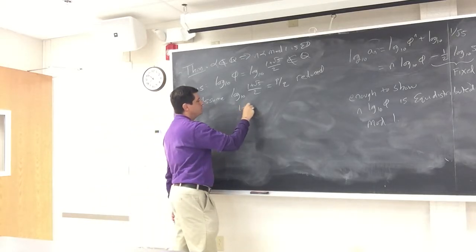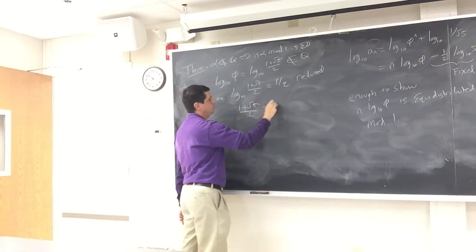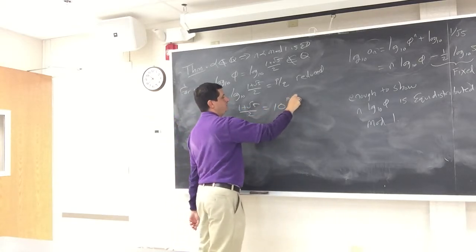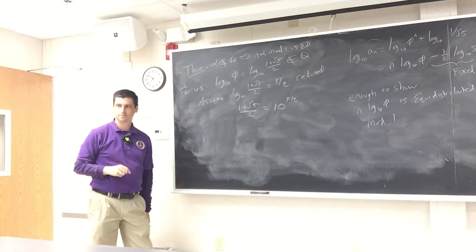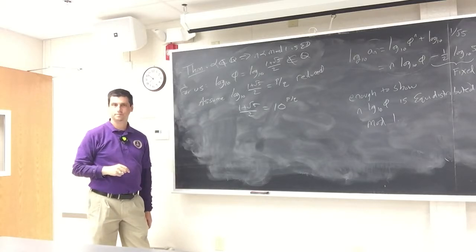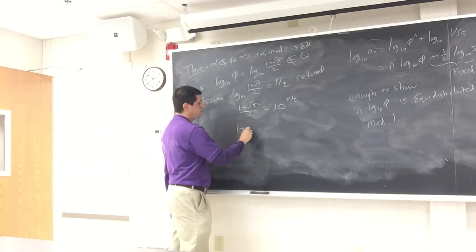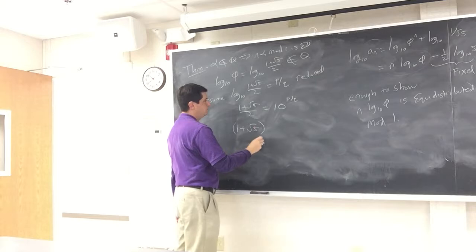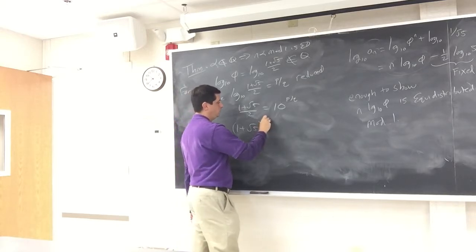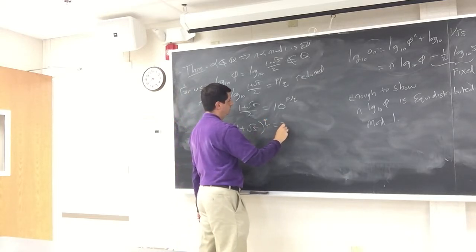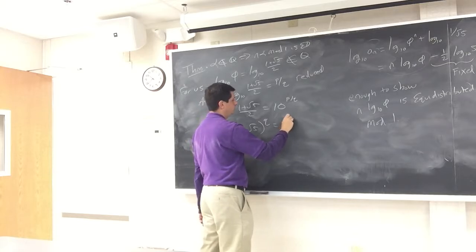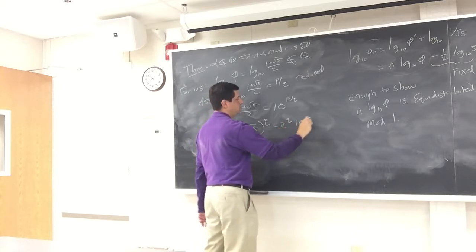It means (1 plus root 5) over 2 is 10 to the p over q. So I can cross multiply, and I get (1 plus root 5) to the qth power is 2 to the q times 10 to the p.